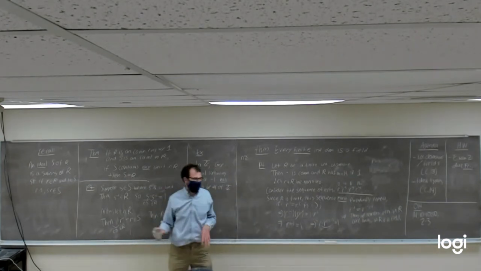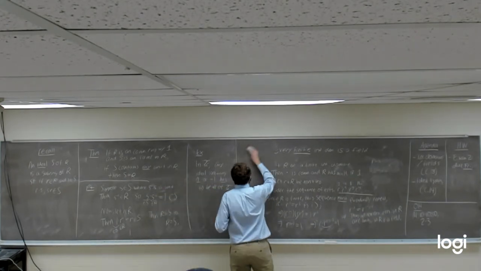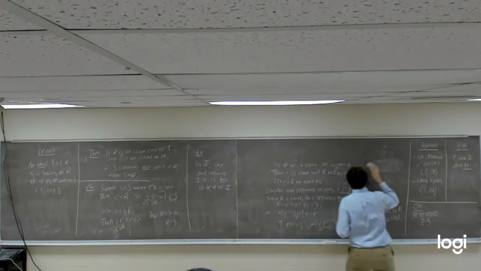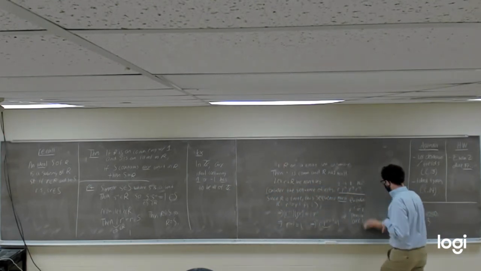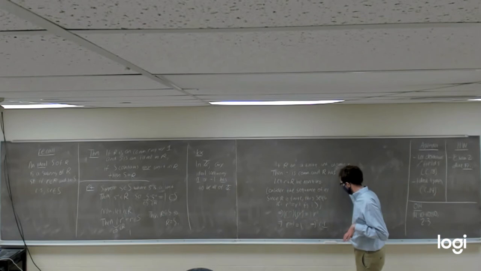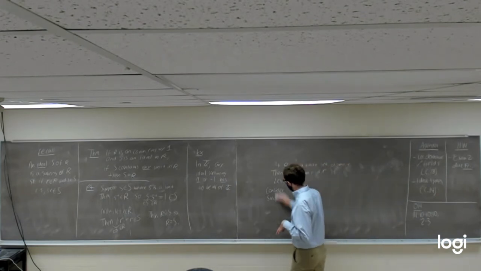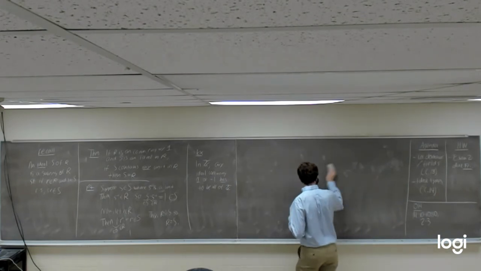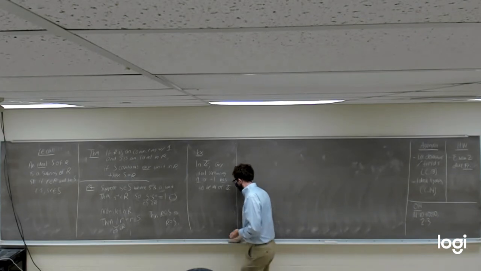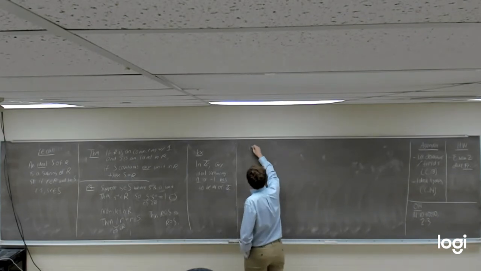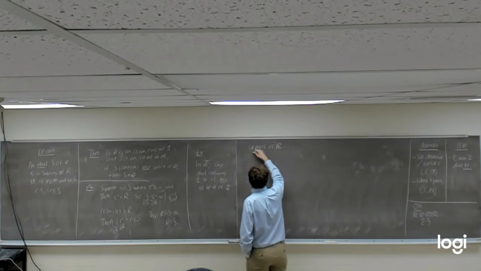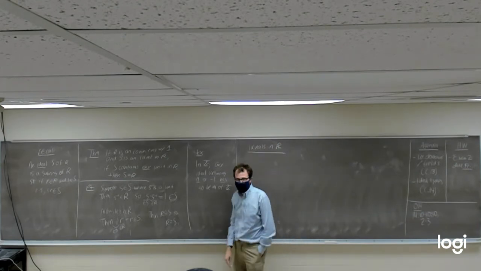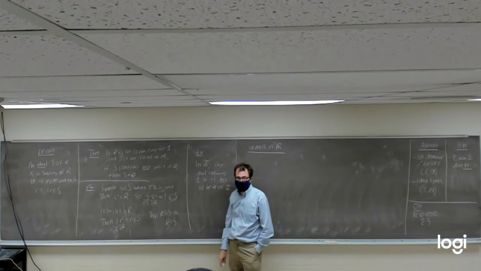But here's another interesting question, and something I want you to think about. Let's look at ideals in the ring of all real numbers for a sec. How many ideals does this ring have?